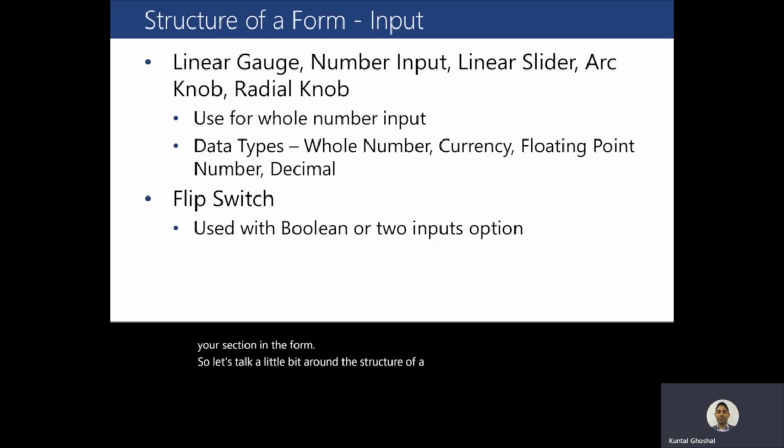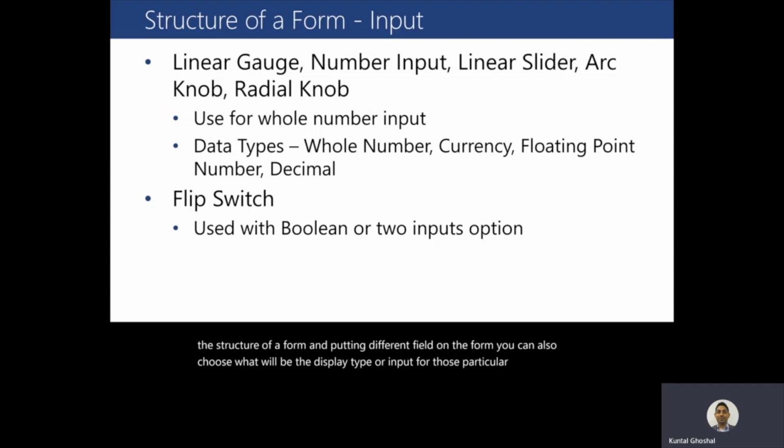So let's talk a little bit around the structure of a form. When you are creating the structure of a form and putting different fields on the form, you can also choose what will be the display type or input for those particular fields.